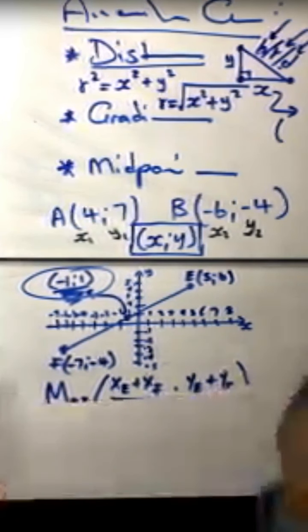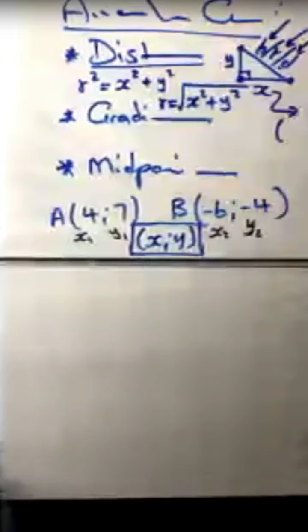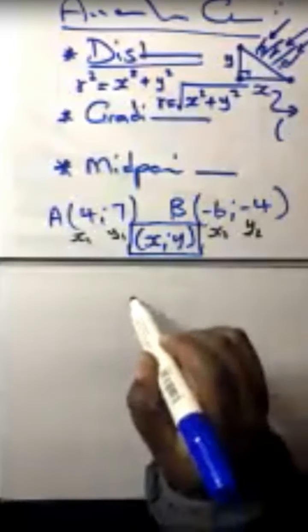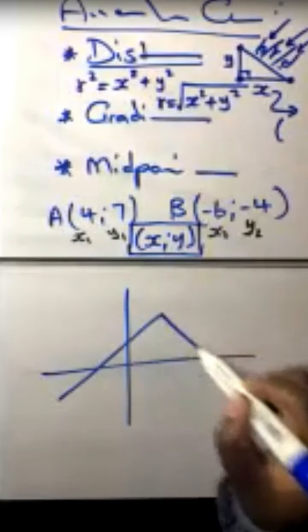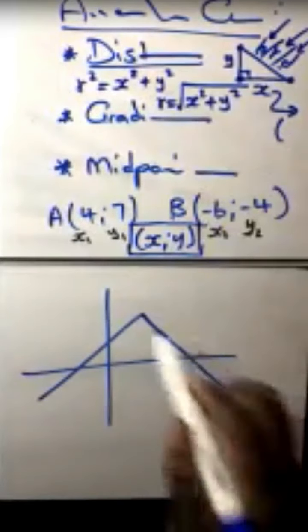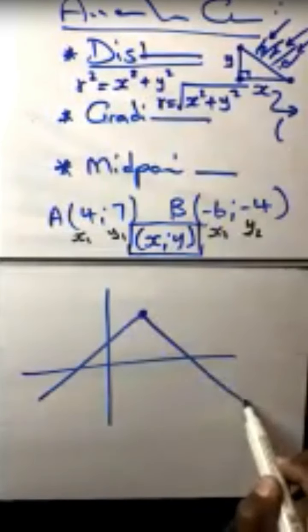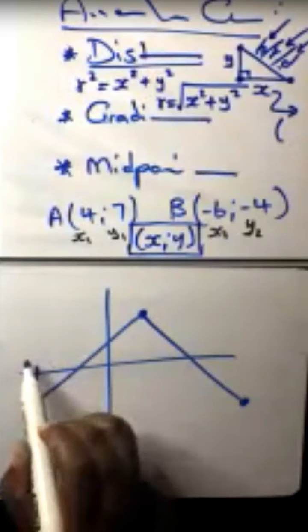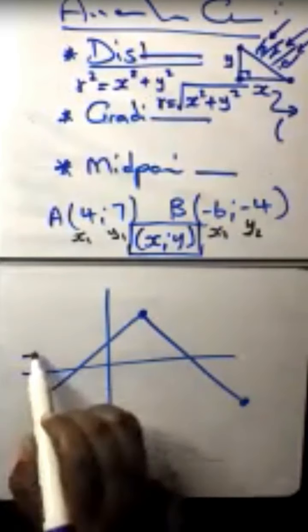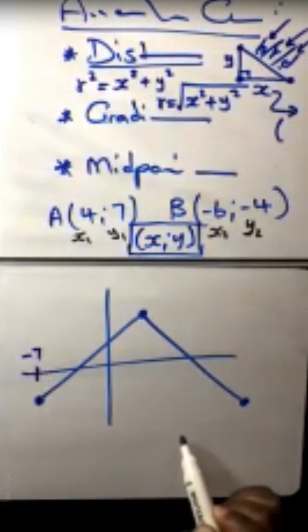Okay, so if that is the case, then I'm going to give you guys what you can do as part of your homework. So I'm going to do something similar to that. I hope you guys are able to see. This is negative, let's say 7.